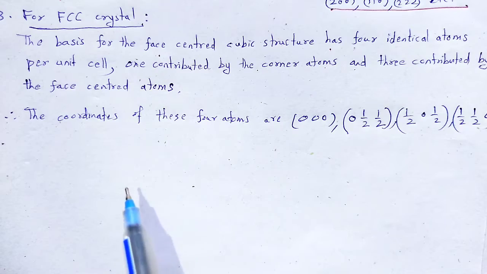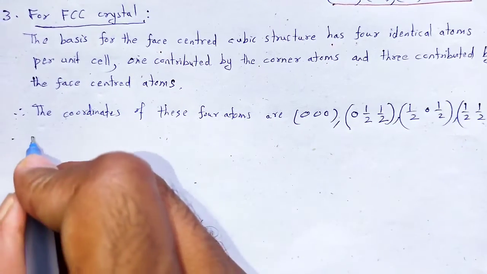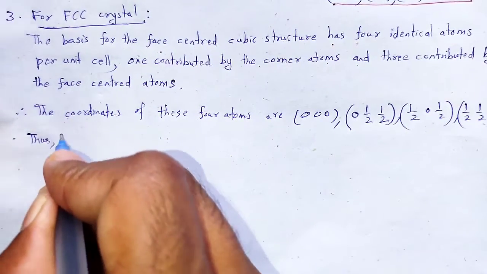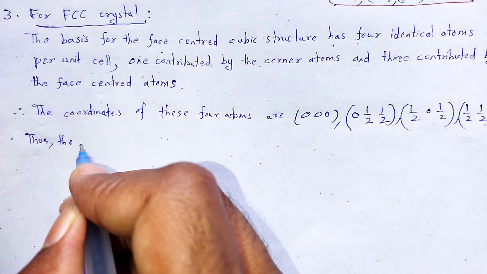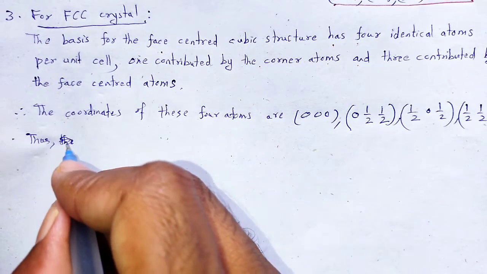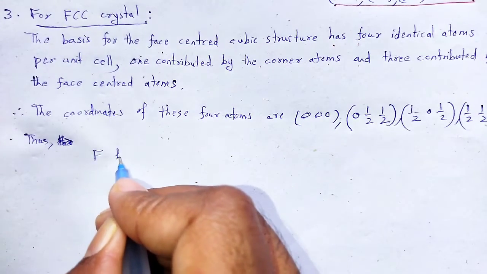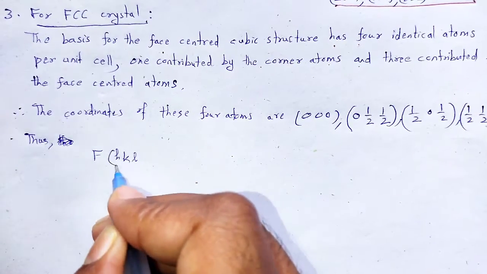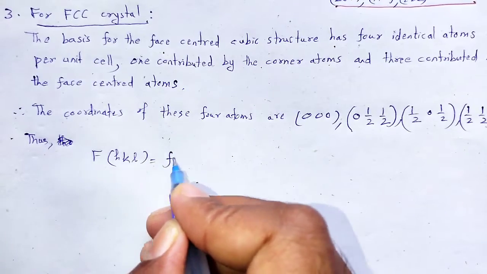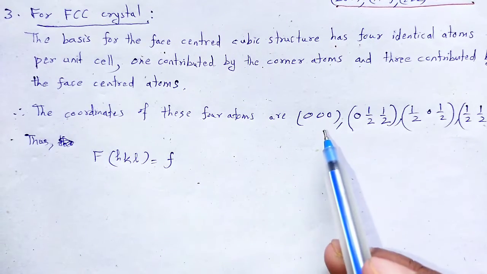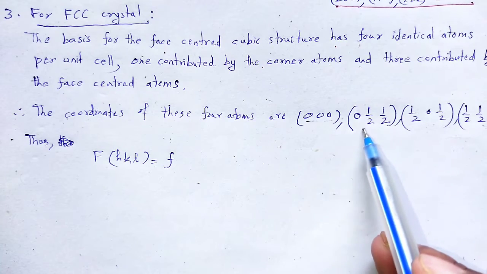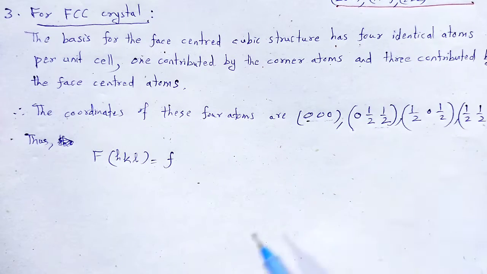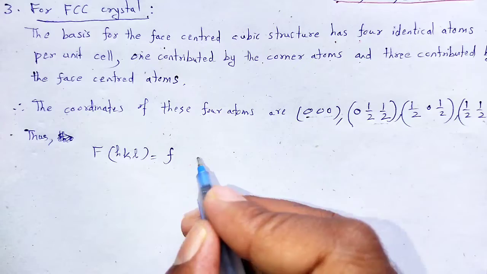Now we use all these coordinates in that amplitude term. Thus the diffraction amplitude F(h,k,l) is equal to f. First we put h, k, l as 0 0 0, then 0 half half, like this. So it will be 4 terms.